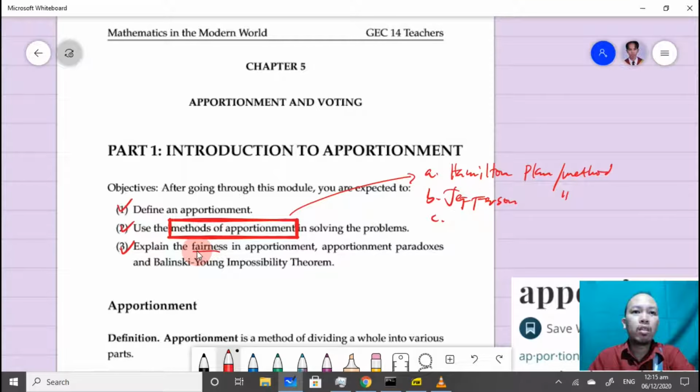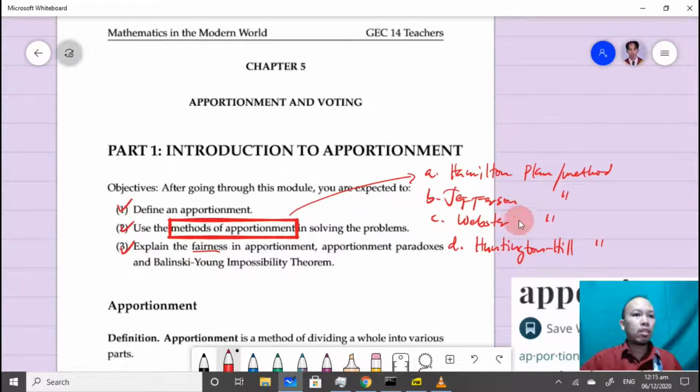The third one is the Webster plan or method, and finally the last one is the Huntington-Hill method. So these are the four methods that we will be discussing in this lecture.